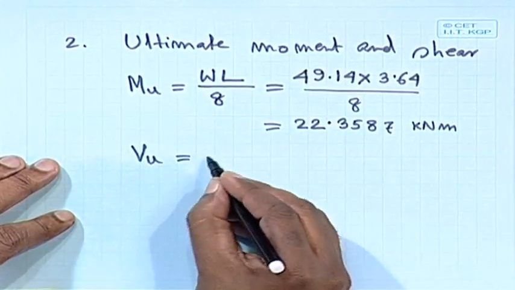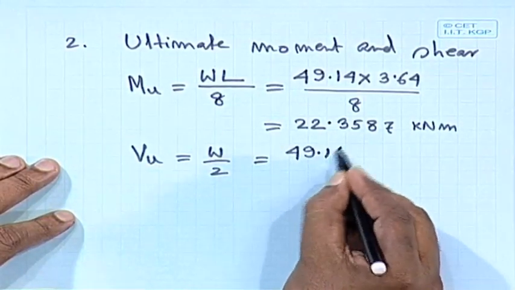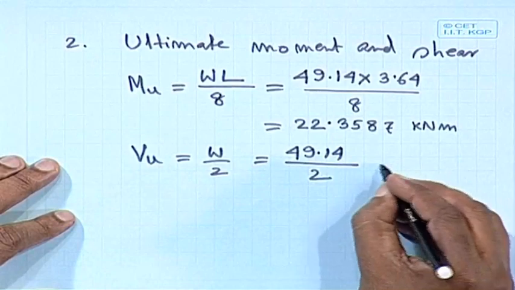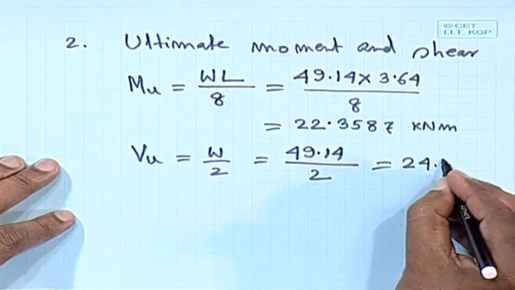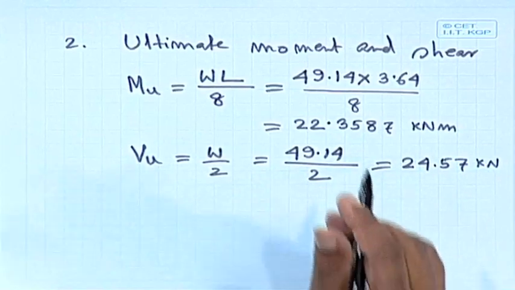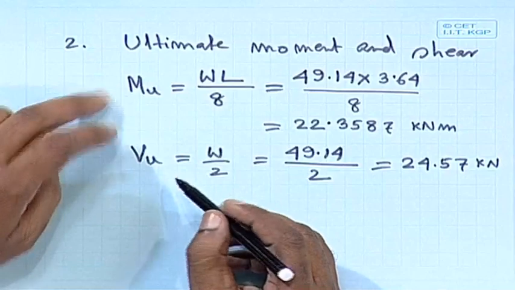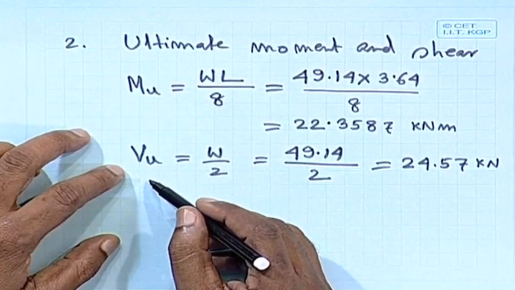VU equals W by 2, equals 49.14 divided by 2, equals 24.57 kilonewton. So, this is your MU and the other one is VU.